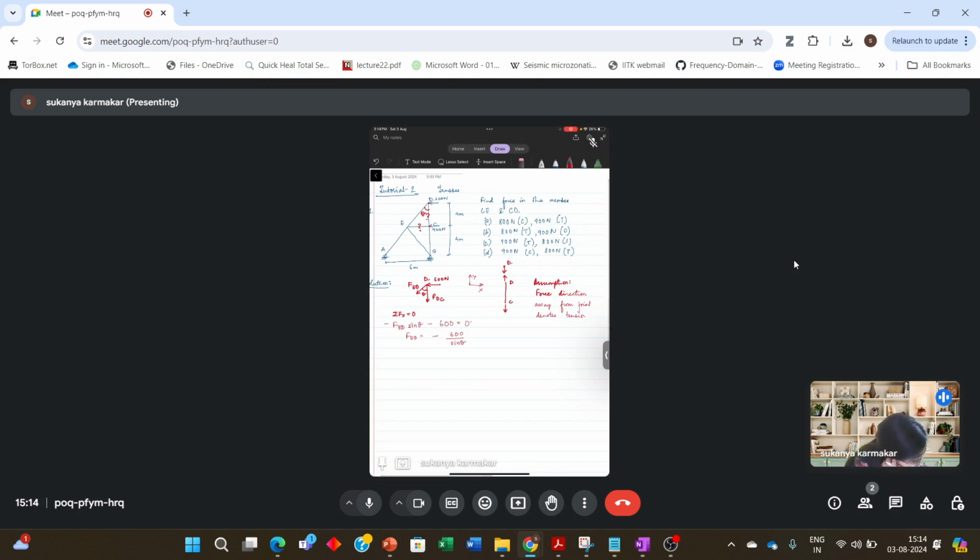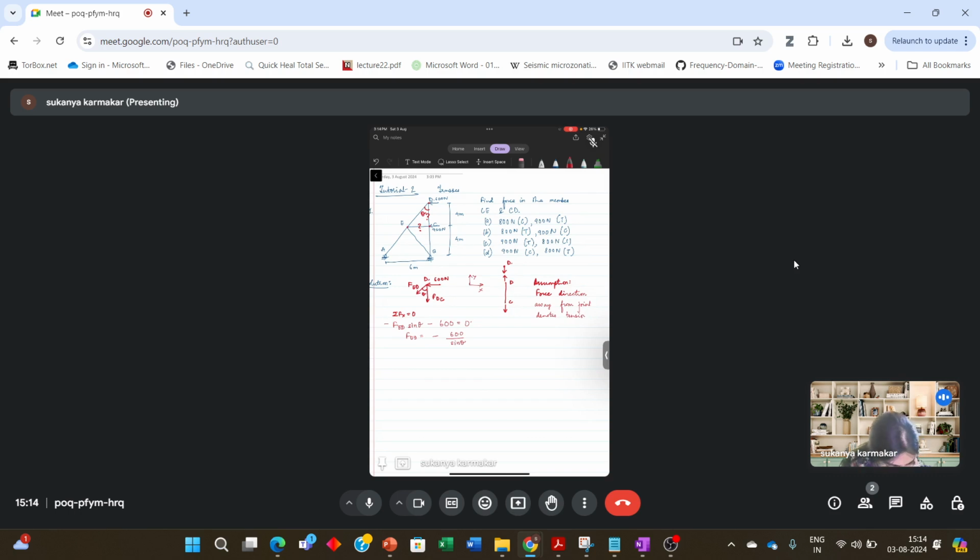Now, what is sine theta? From this diagram, we can see this is 4 meter. I think I've not given some data in this question. This is 4 meter, this is 4 meter.